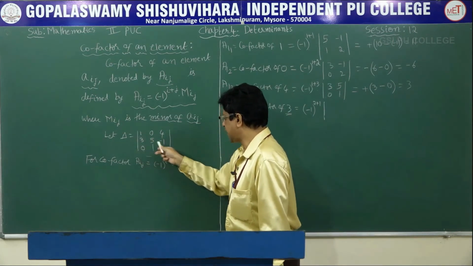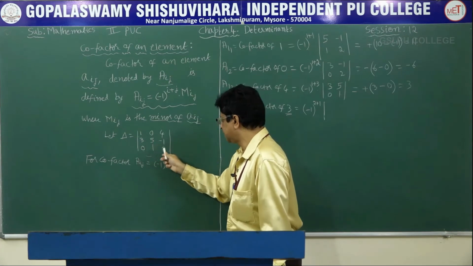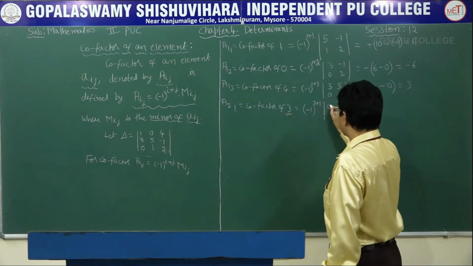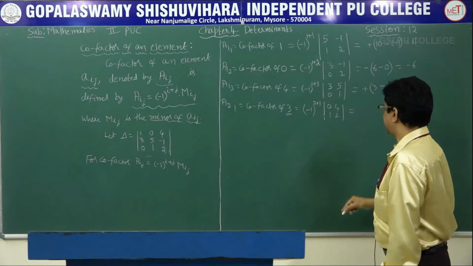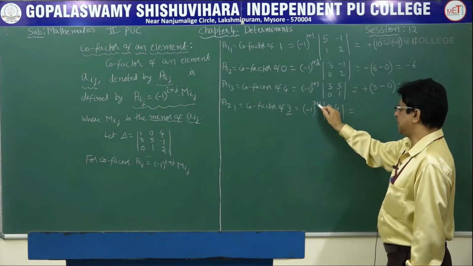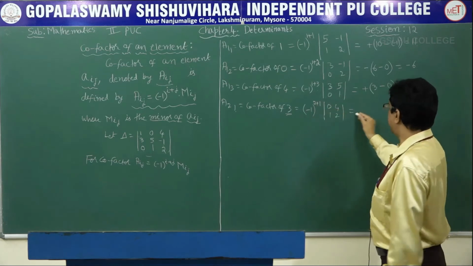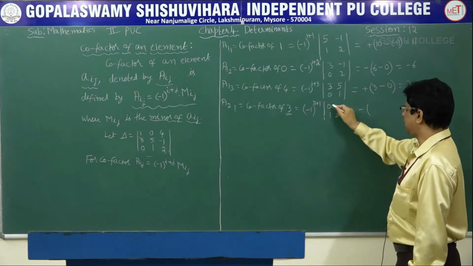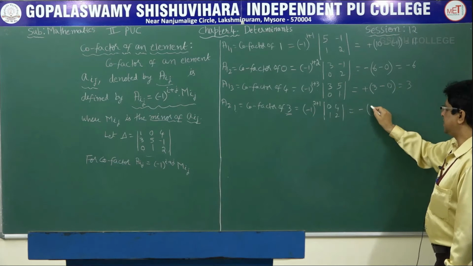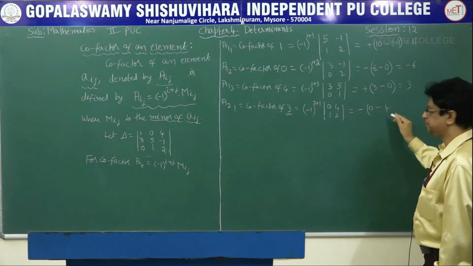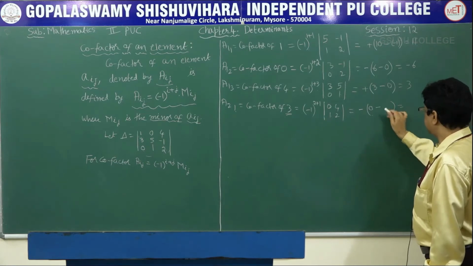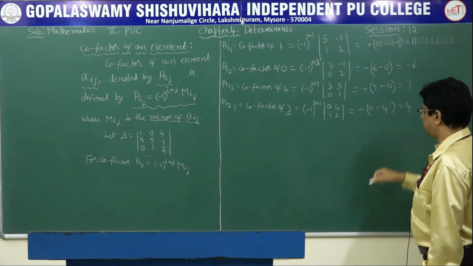I eliminate the second row and first column and take the determinant of the remaining elements, that is [0, 4; 1, 2]. That will be equal to 2 plus 1 is 3, (-1) cubed is -1, that is minus of (0 into 2 is 0, minus 4 into 1 is 4), which is equal to plus 4.